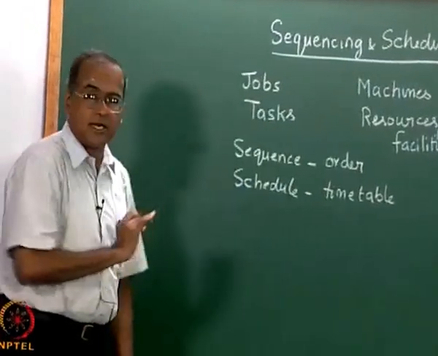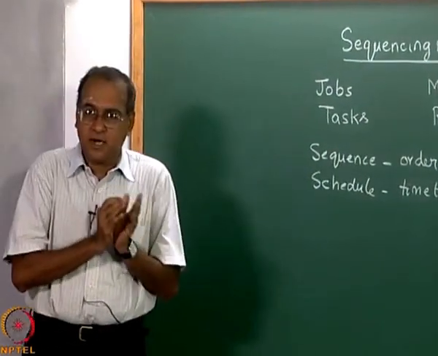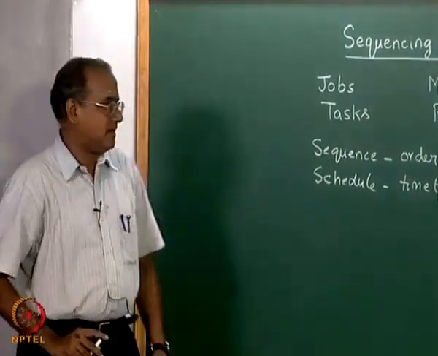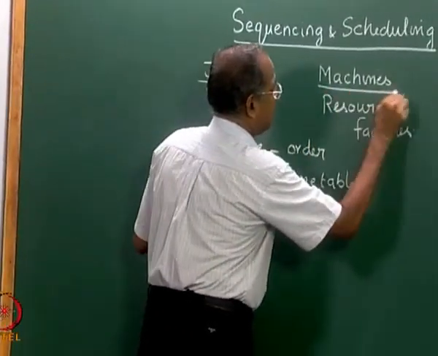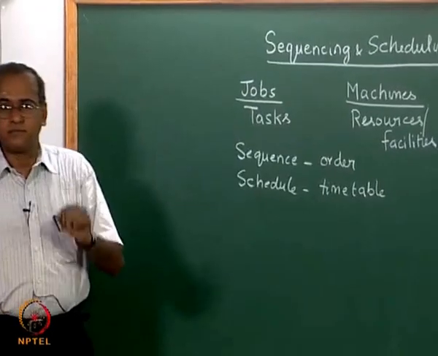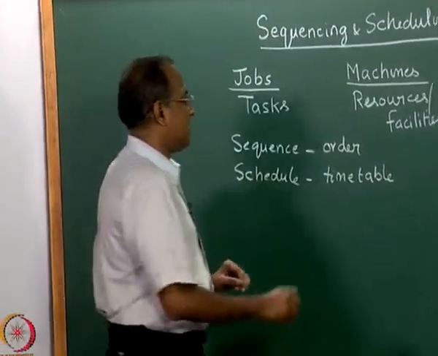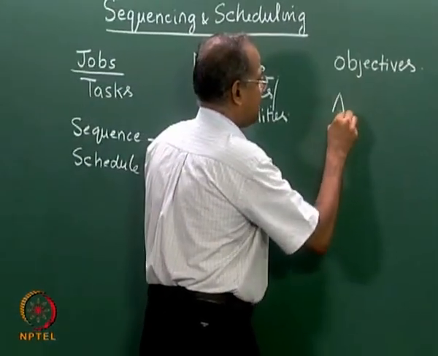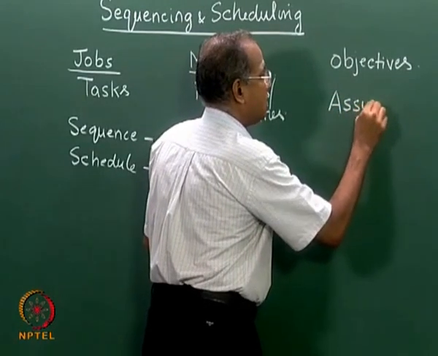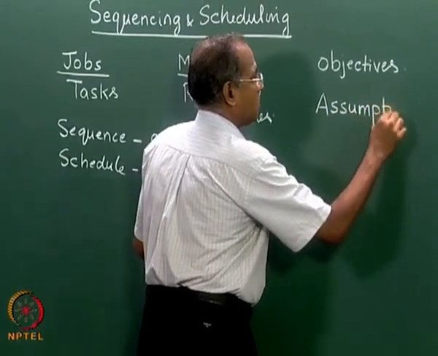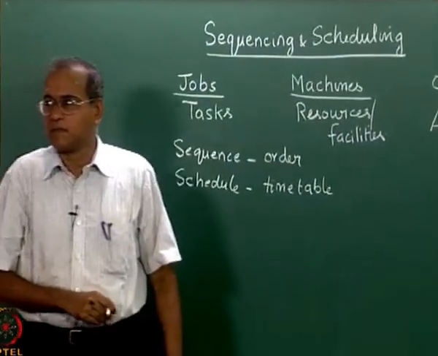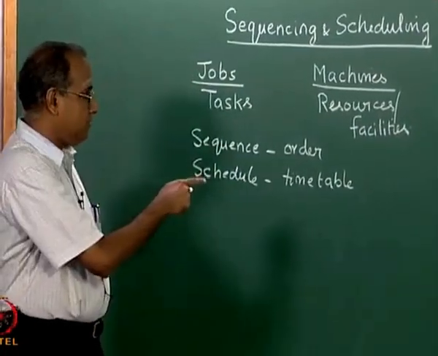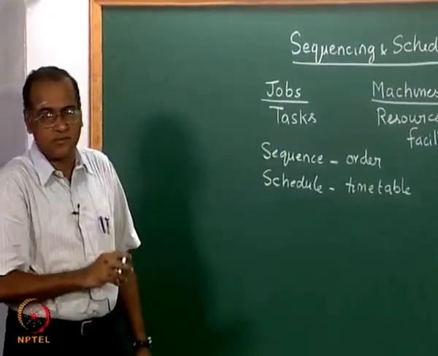Now, sequencing and scheduling problems, in the context of what we are looking at, are essentially about performing a set of jobs on a set of machines. There are certain assumptions in sequencing and scheduling. We start with the assumptions.